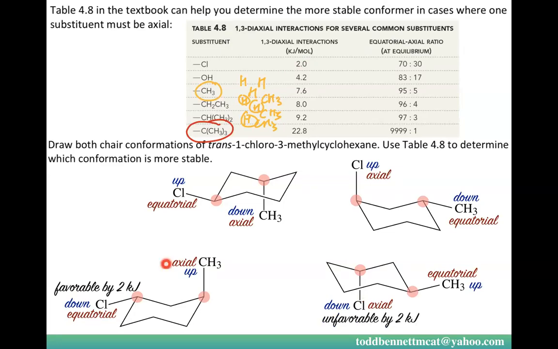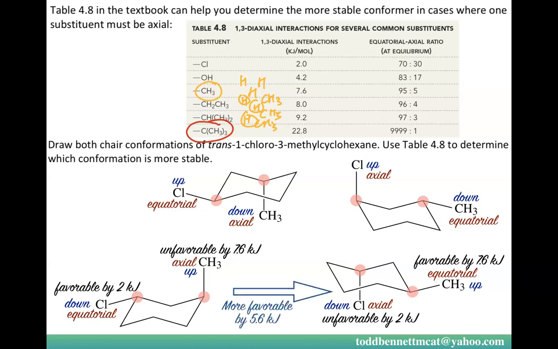And you can say this axial for CH3 is unfavorable by 7.6. And it's favorable in the product by 7.6. So overall then, this unfavorable by 7.6 compared to this one only favorable by 2 means this is 5.6 unfavorable. This is 5.6 favorable. So it's definitely going to push forward in that direction. You're going to gain 5.6 kilojoules per mole when you go in that direction.